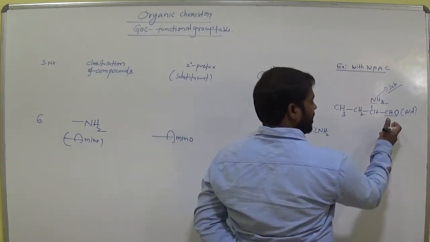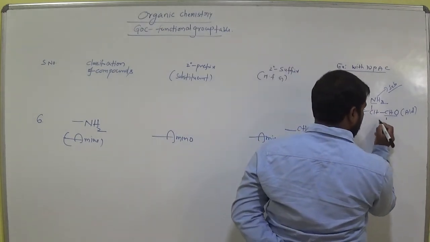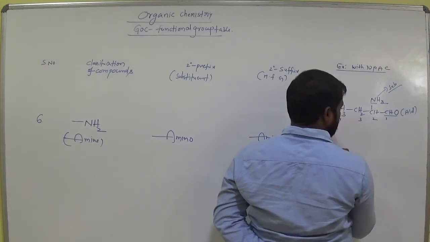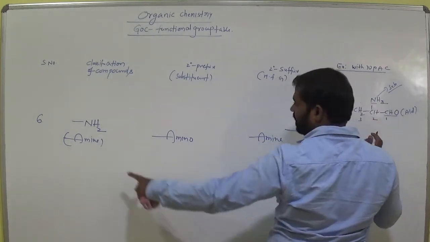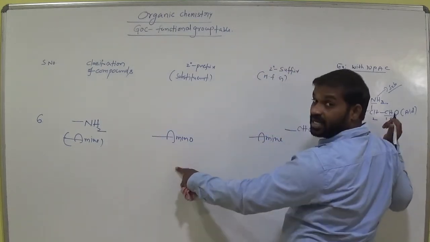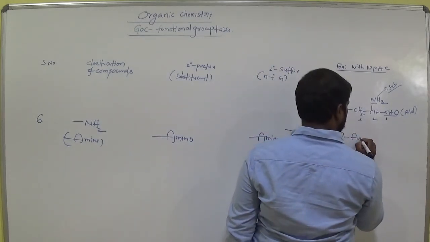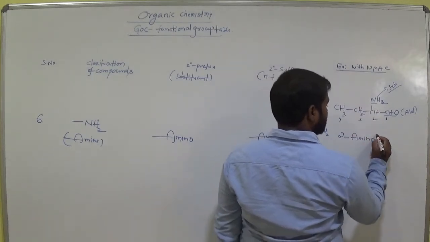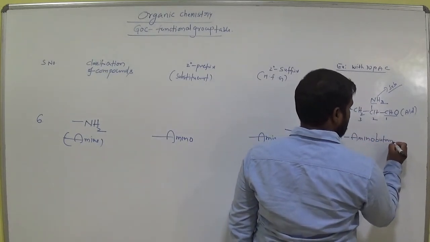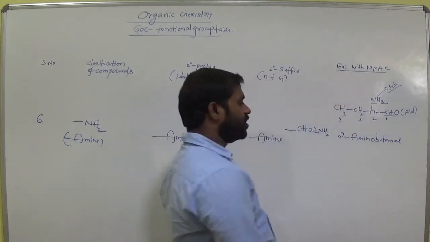So now this is the main functional group. The numbering is done from this carbon. 1, 2, 3, 4. Substituent at second carbon. So 2, NH2 as substituent is amino. Clear? So 2 amino. 1, 2, 3, 4 carbons. Butanal. 2 amino butanal.